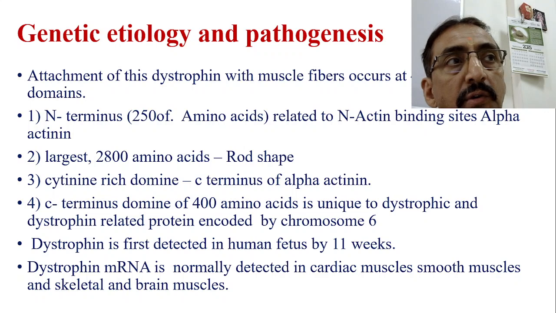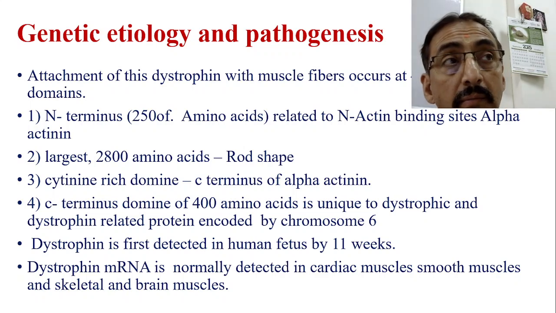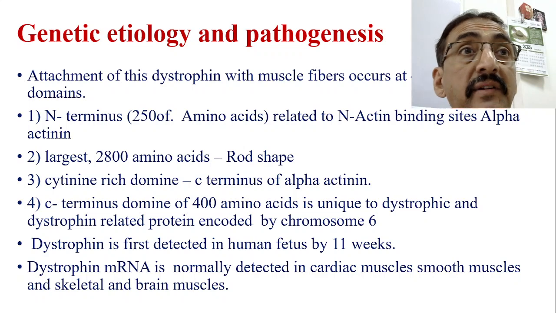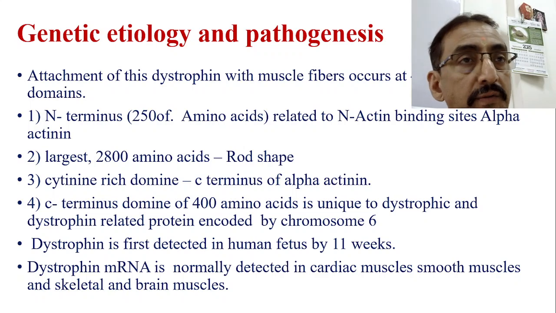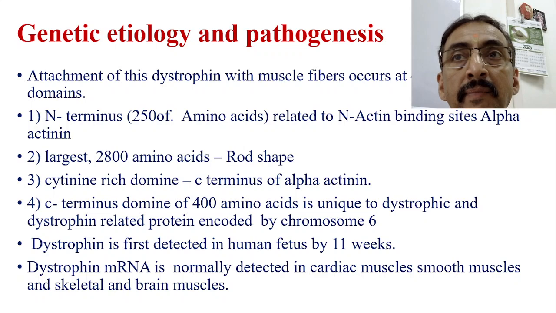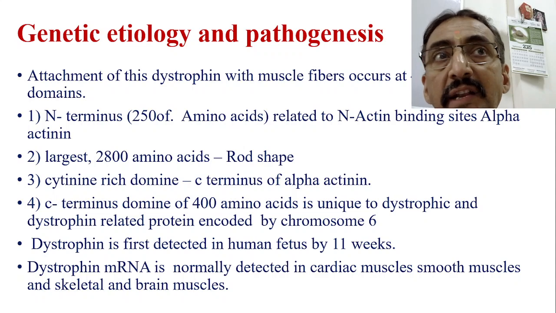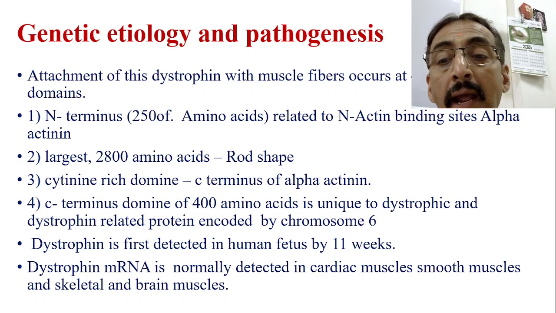Now this dystrophin is also found in the cardiac muscles. It is found in the skeletal muscles most commonly, and also in the brain. In the skeletal muscle, its absence usually leads to loss of strength and weakness, whereas its absence in the brain sometimes causes degeneration, and it may lead to intellectual problems, not always, may be, and cardiac problems.